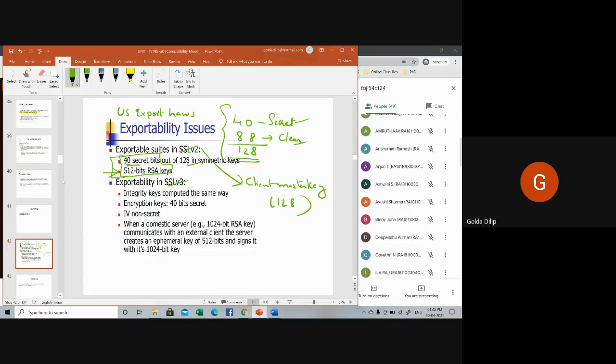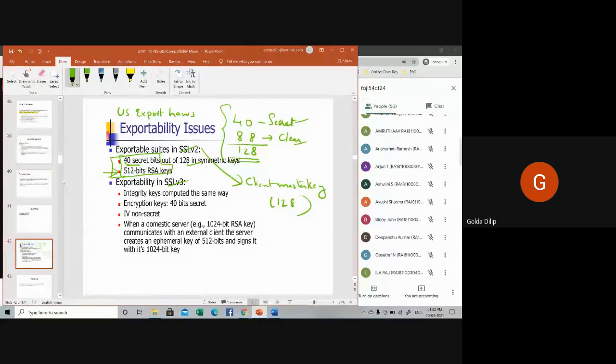So exportable servers will have a 512-bit RSA key, while domestic servers will have an even larger RSA key, which can be a 1024-bit key. In case a domestic server is trying to talk to an exportable client, the client would wind up sending its 40-bit secret key encrypted with the domestic server's large RSA key, that is the 1024-bit RSA key.